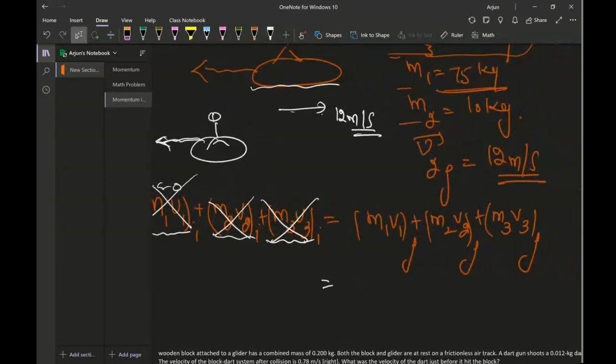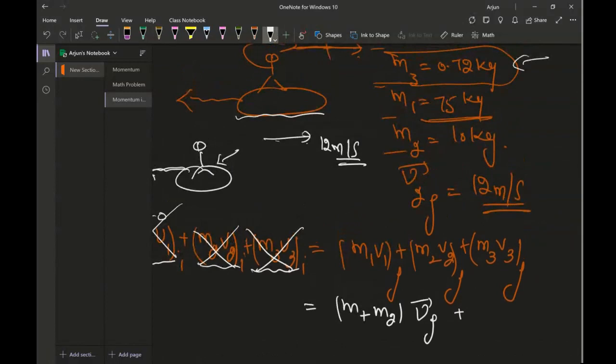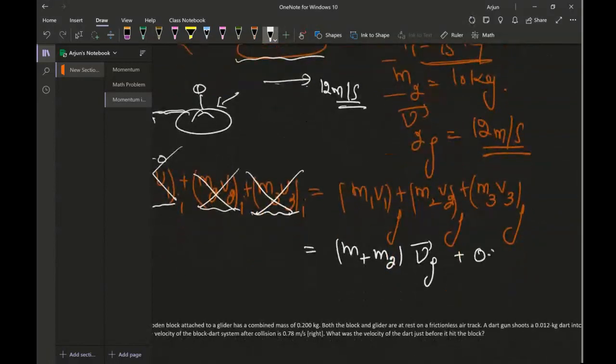And now this person is sitting in the kayak, so I can write it as m1 plus m2, because both of them, kayak and the person, will move with the same velocity, times v final, plus m3 v3. m3 is equal to 0.72 kgs, so I'll mark it as 0.72 multiplied by velocity. Velocity is 12 meters per second, which is towards the right.